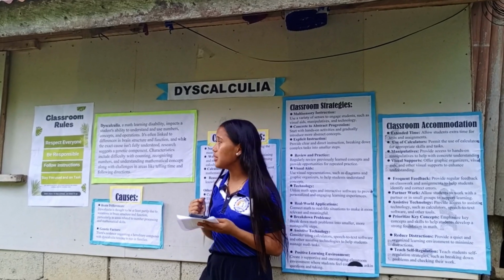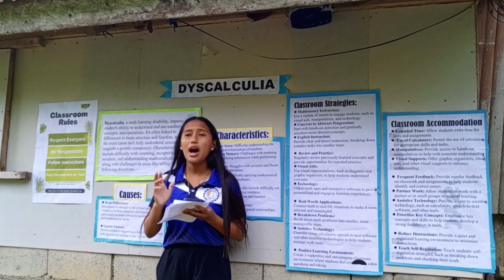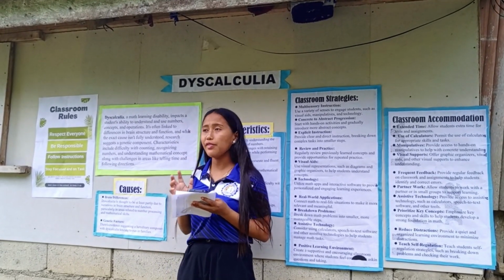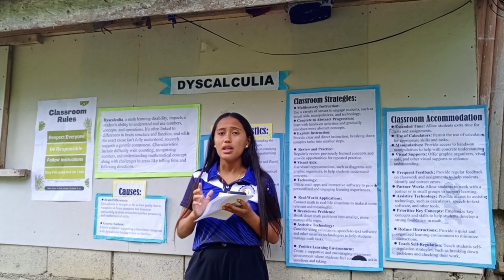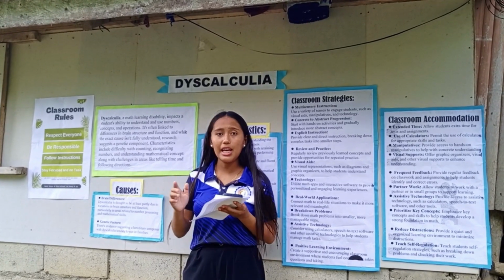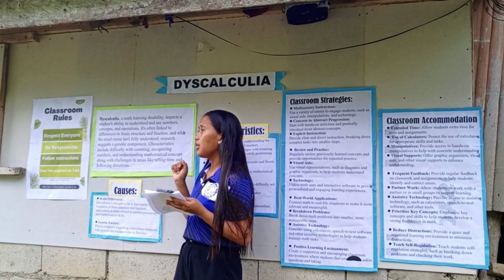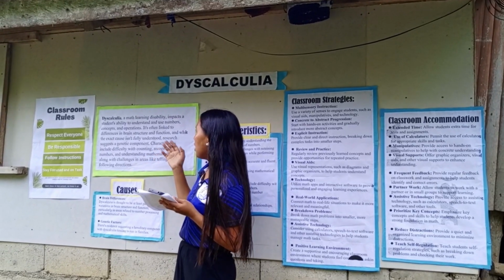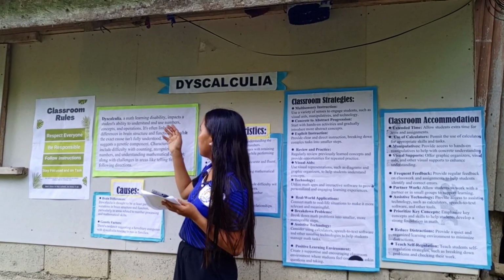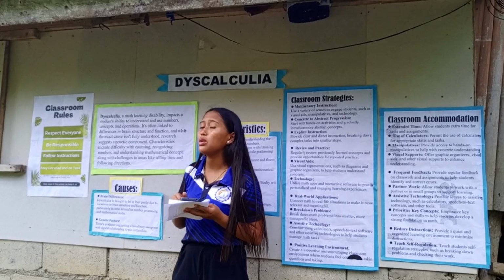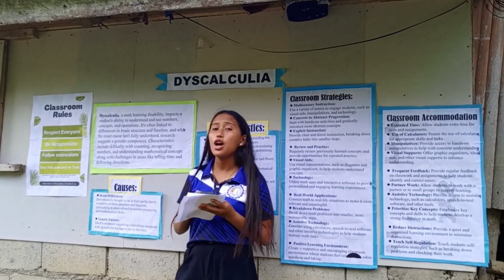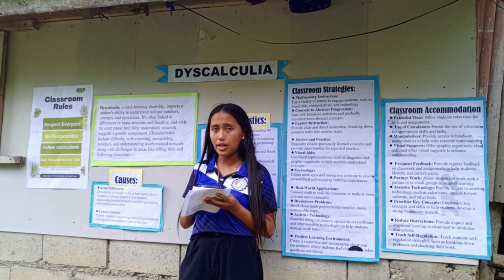Okay, thank you, class. So dyscalculia is all about those students who have difficulty in numbers, specifically in math. It impacts students' ability to understand and use numbers, concepts, or operations.